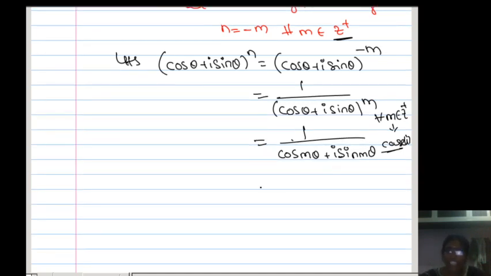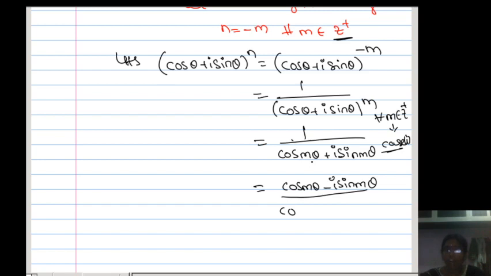Now I want to rationalize to simplify this. Multiply and divide by cos m theta minus i sin m theta. You should multiply as well as divide.